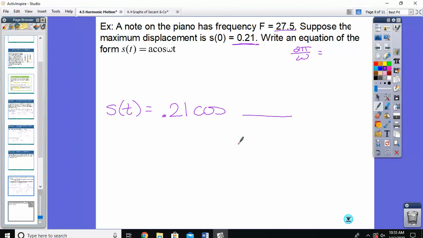So if my frequency is 27.5, my period is 1 over 27.5, so omega would be 55 pi. So it's 0.21 cosine 55 pi t. Questions on these?